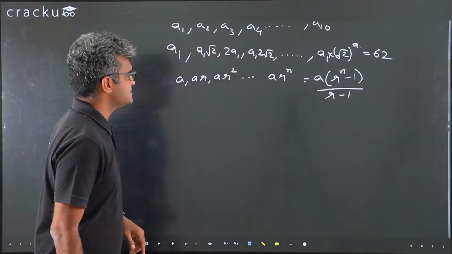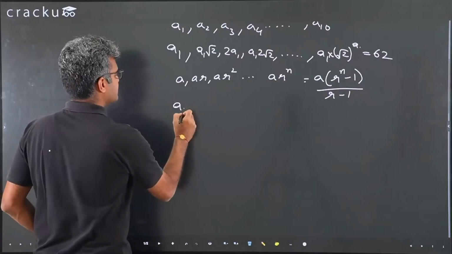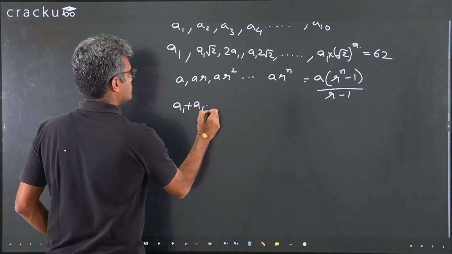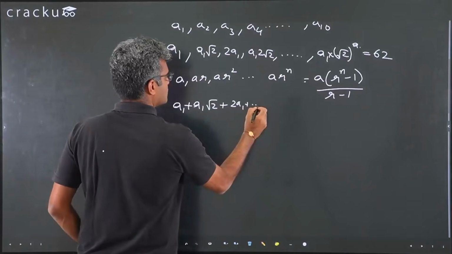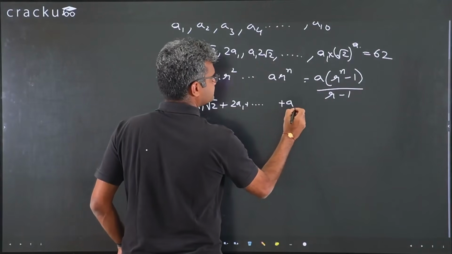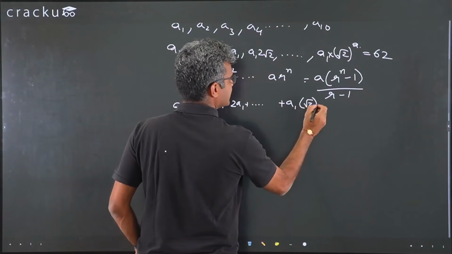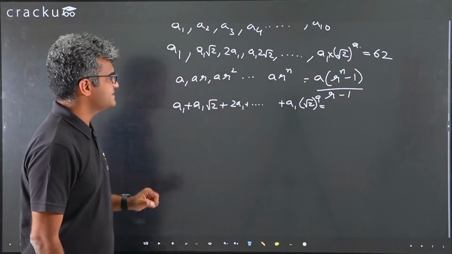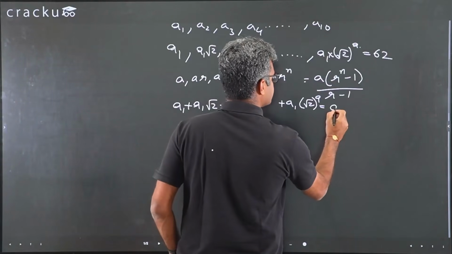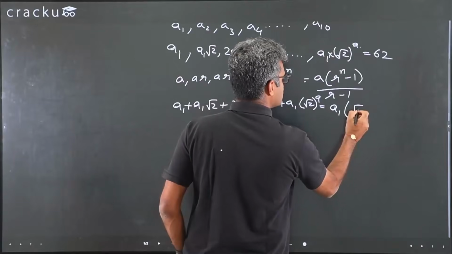In this particular case, the sum of a1 plus a1 root 2 plus 2a1 plus dot dot dot plus a1 into root 2 to the power 9. This is a geometric progression. The first term is a1. The common ratio is root 2.